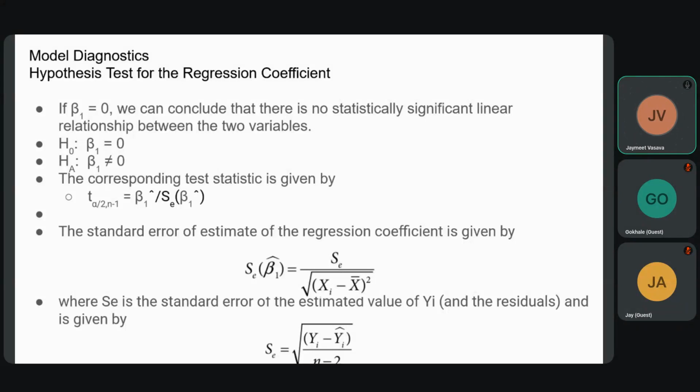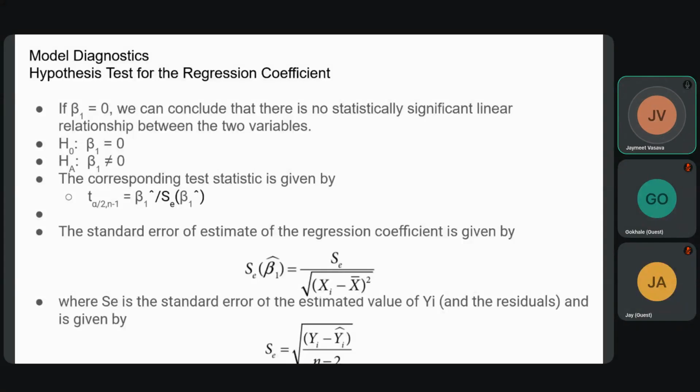The standard error estimate of the regression coefficient beta 1 hat equals SE divided by the square root of the sum of xi minus x bar whole squared.